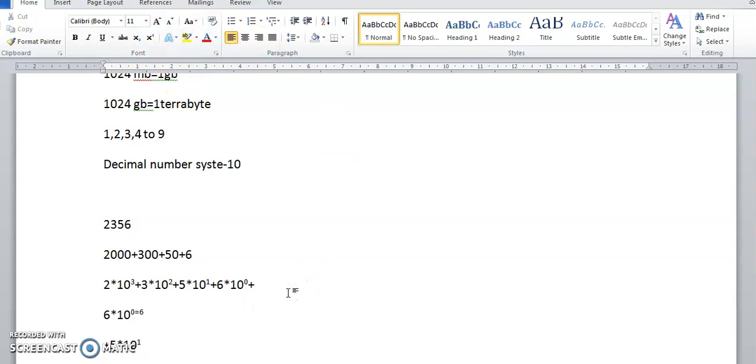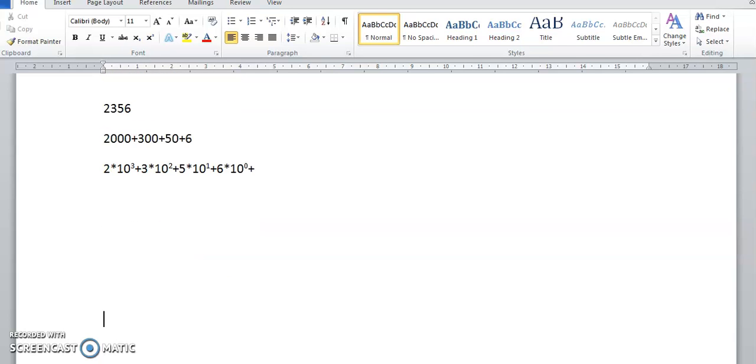Now I hope you get the answer for 2356. 10 raised to 3 is 1000, into 2 is 2000. 10 raised to 2 is 100, into 3 is 300, plus 10 raised to 1 means 10 into 5 is 50, plus 6 into 10 raised to 0. Any number raised to 0 means 1, and 1 into 6 is 6. So we get the answer 2356.